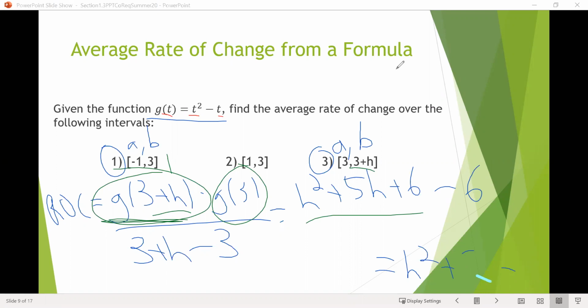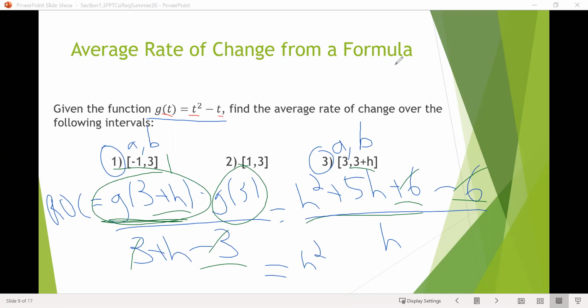And then the denominator, well, notice we have 3 plus h minus 3. So this 3 and this minus 3, those will cancel out. So we'll just have h. And we can actually simplify this some more, because notice up here we have this positive 6 and a minus 6. Those will cancel. And so we're left with h squared plus 5h over h.